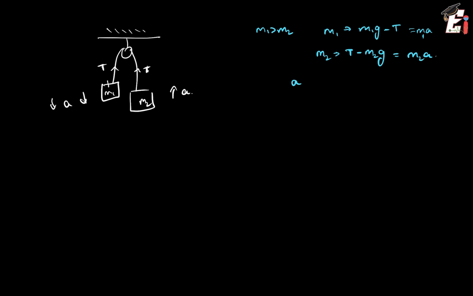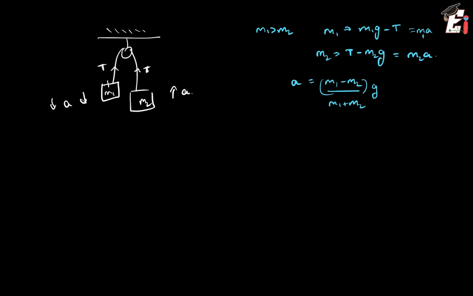Now if you try to find the acceleration, acceleration will be equal to (m1 minus m2) divided by (m1 plus m2) into g. This is the formula. If you solve the equations and find the value of a, this is what you get.